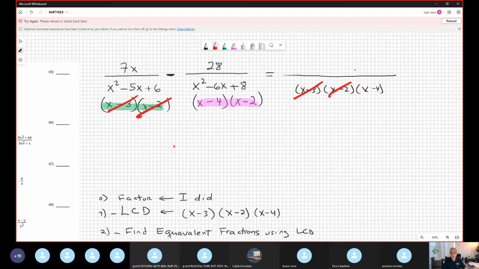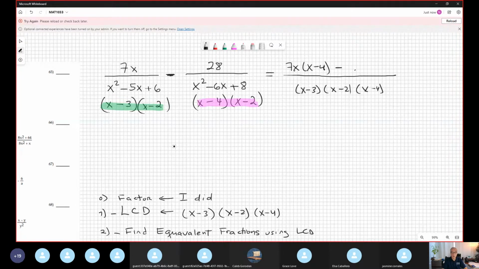And what stays alive is x minus 4 times 7x. So basically, it's 7x times x minus 4, right? This is canceled out, canceled out. Now minus, because this minus is this.